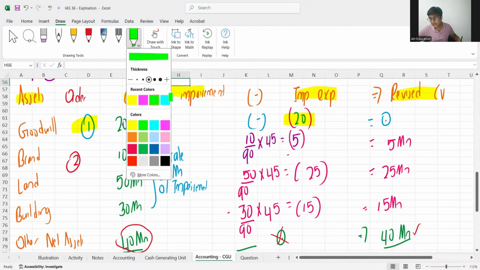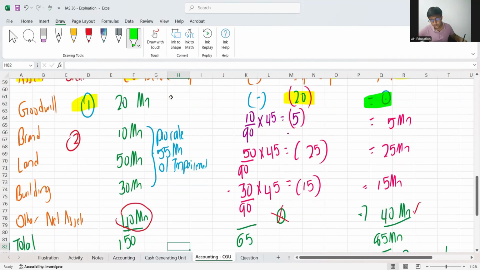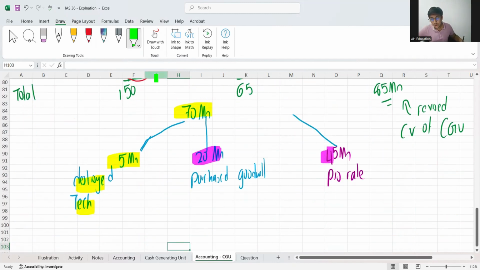After I allocate it, my revised carrying value in terms of goodwill, which is part of my cash generating unit, will become zero. So out of the 70 million you had, 5 million went towards your destroyed technology and 20 million went towards your purchased goodwill. Then you're left with 45 million in terms of the impairment.